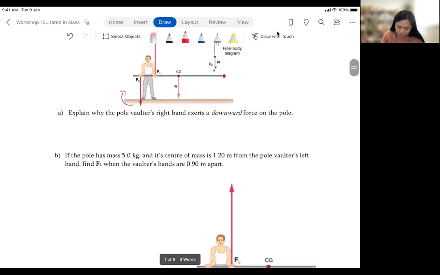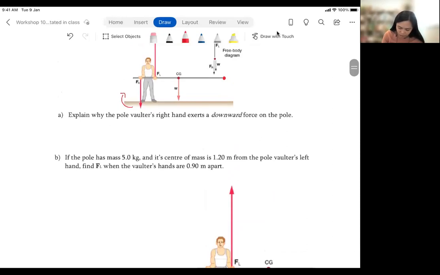So you can say that the downward force from the right hand provides a counteracting torque to the upward force from the left hand.